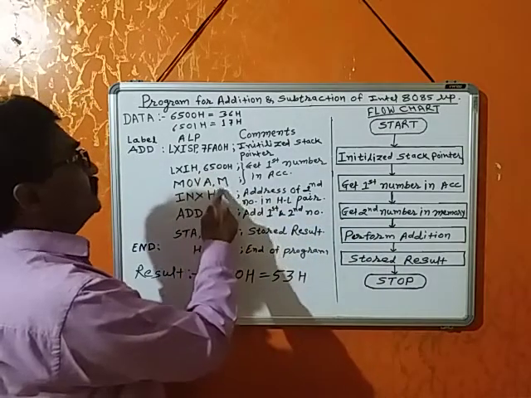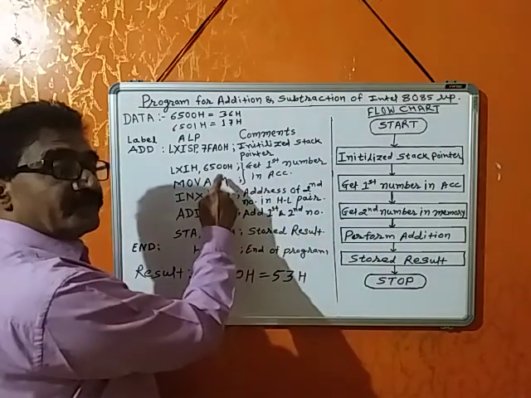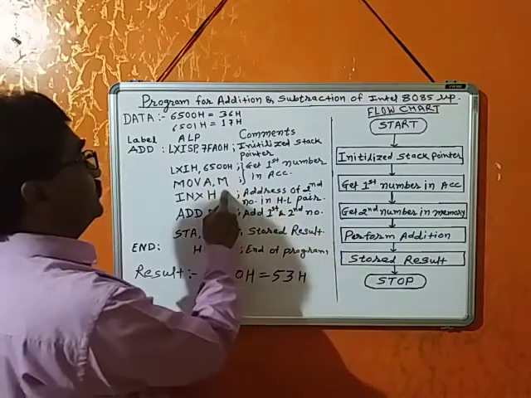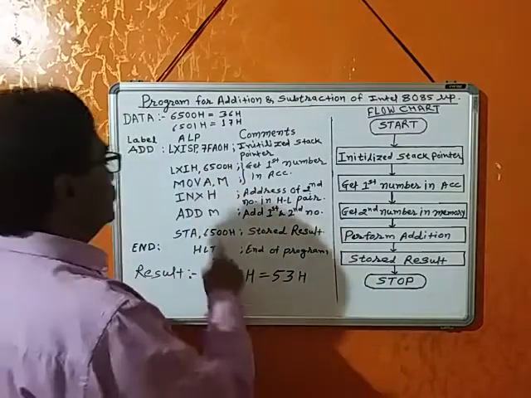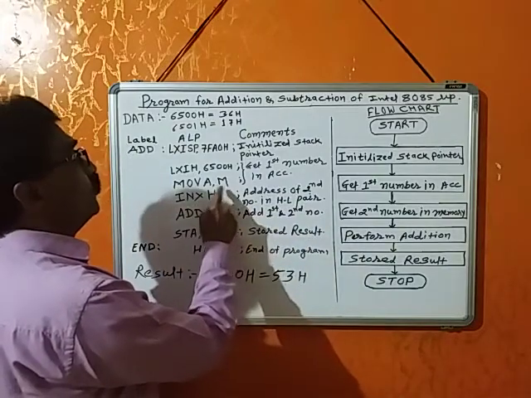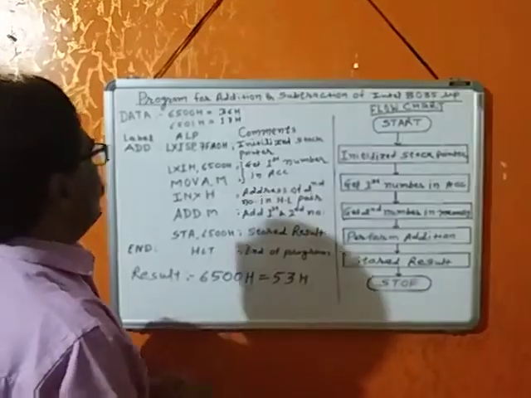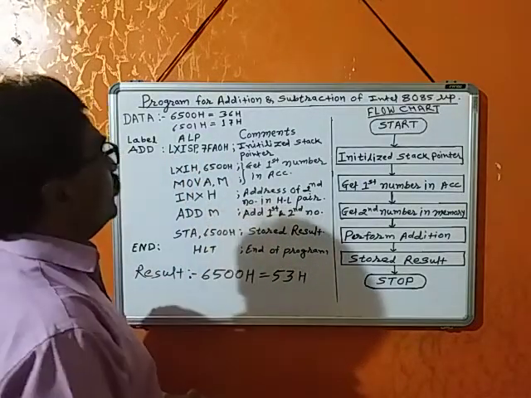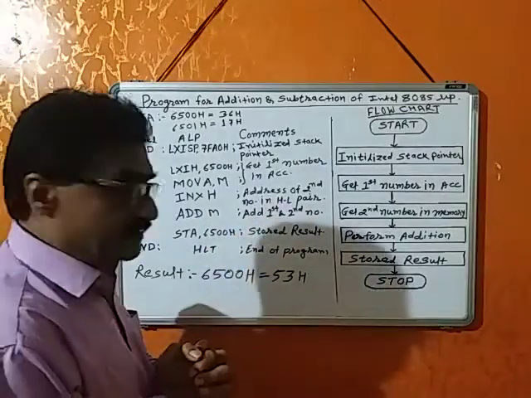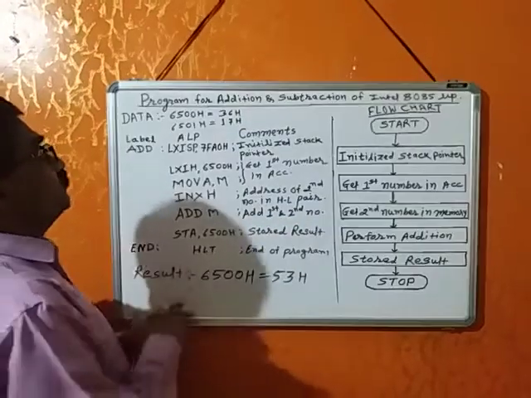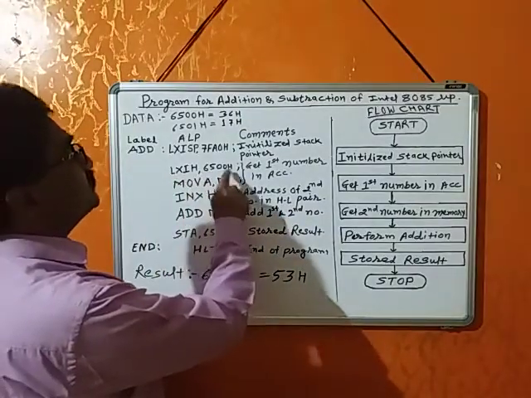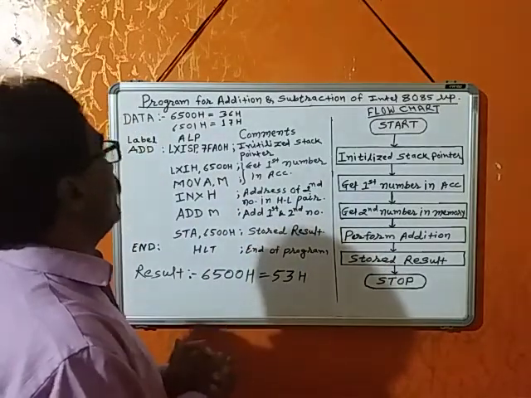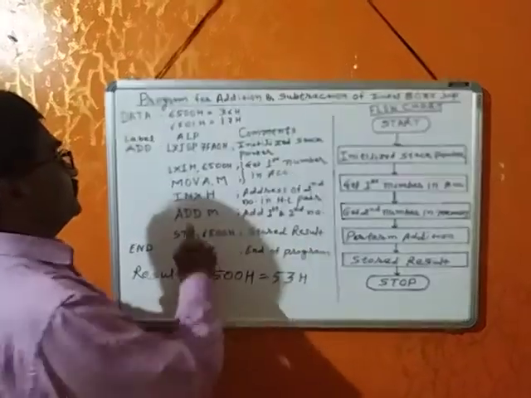And the number which is available in 6500H is transferred to the accumulator by the instruction MOV A, M. In this case, LXI SP 7FA0H is a 3-byte instruction, and it requires 3 memory locations. Similarly, LXI H 6500H is also a 3-byte instruction, and it requires again 3 memory locations.